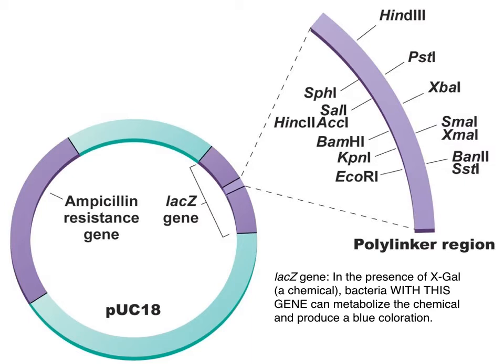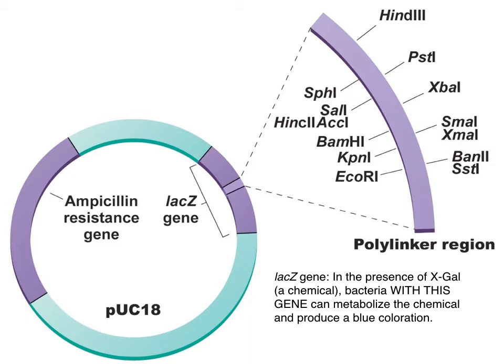But what's interesting about this vector is that on the left you'll see the two genes that we care about are colored in purple here. On the left is a gene that confers resistance to antibiotic. So this plasmid, if it is in a bacterium, will give that bacterium immunity to an antibiotic, well, this antibiotic in particular, ampicillin.